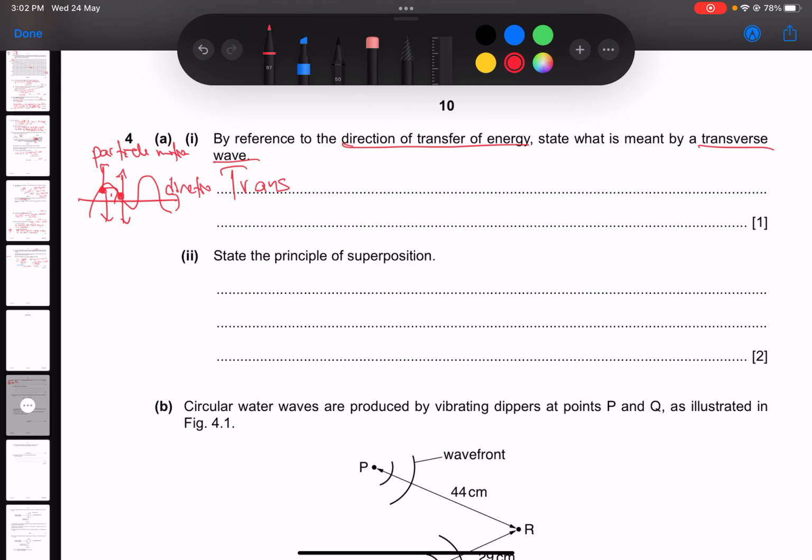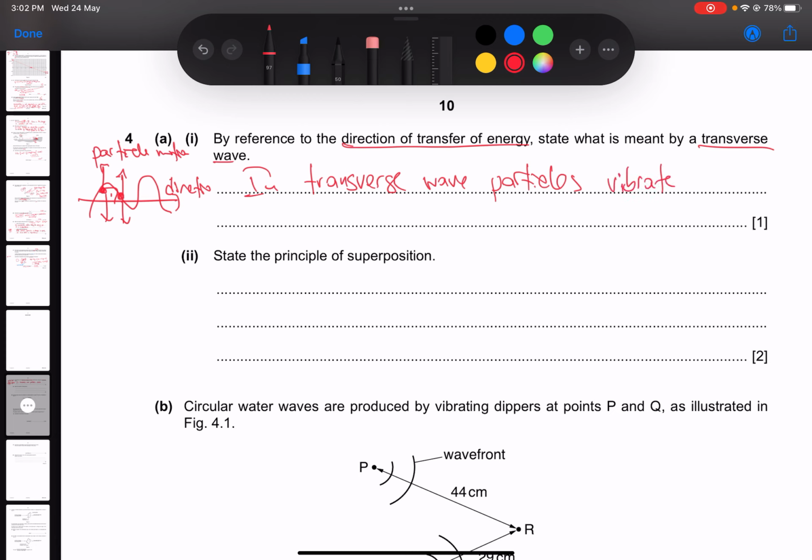So this is how you have to simply explain it. So in transverse wave, particles oscillate, or you can say vibrate, it's up to you.